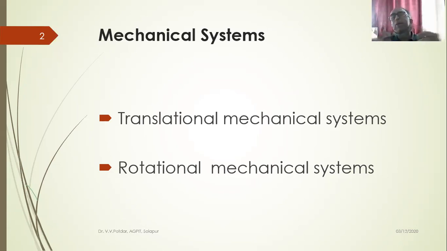So the rotating shafts, wherever those are involved, in a machine tool, in a motor, various physical systems will find rotational motion involved. So all those rotational components can be modeled by using rotational mechanical systems analysis. And all the translational mechanical system concepts can be used for modeling all the physical systems which are subjected to translational motion.